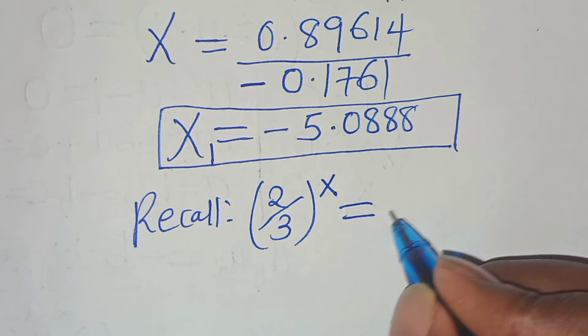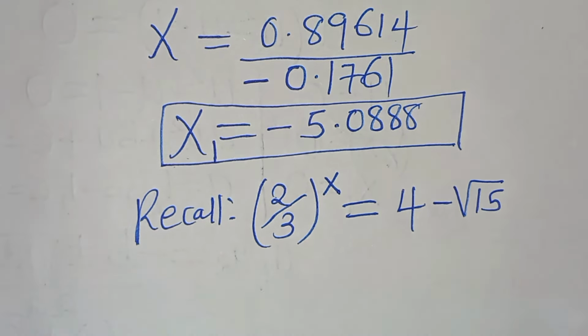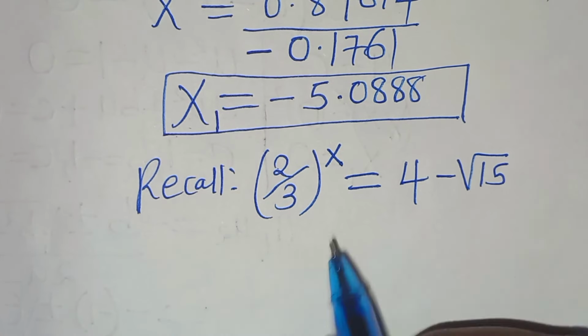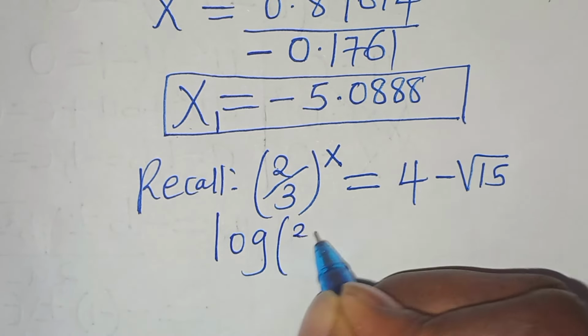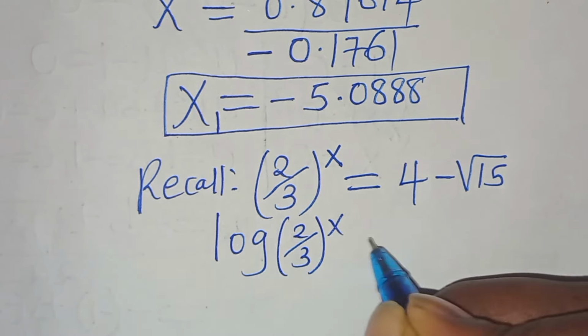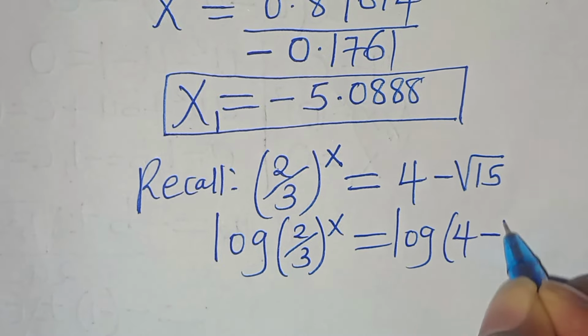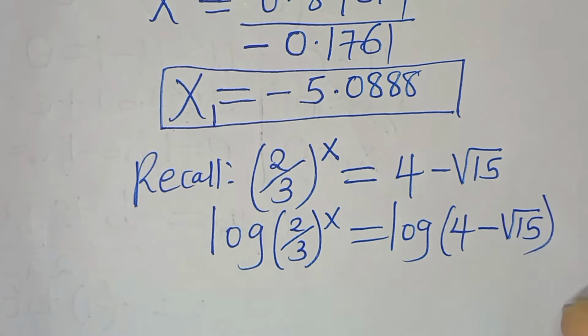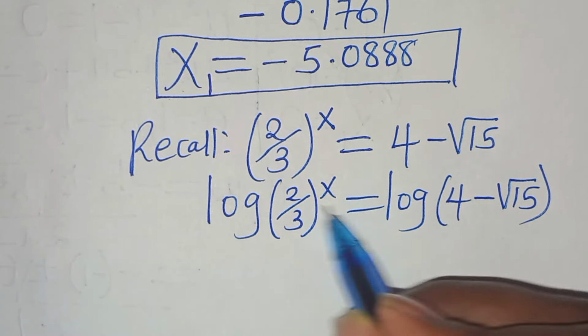To solve for x again, we introduce logarithm so that we have log 2 over 3 raised to the power of x equal to log 4 minus square root of 15.